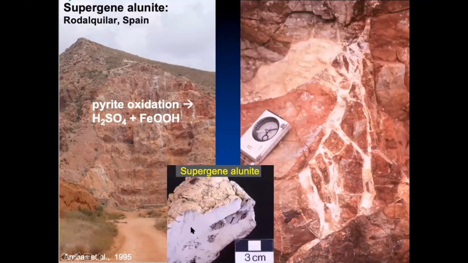So very fine alunite formed here in the supergene environment, plus, of course, iron hydroxides. We don't get iron hydroxides formed during hypogene or even steam-heated alteration, but we do form them during supergene alteration.